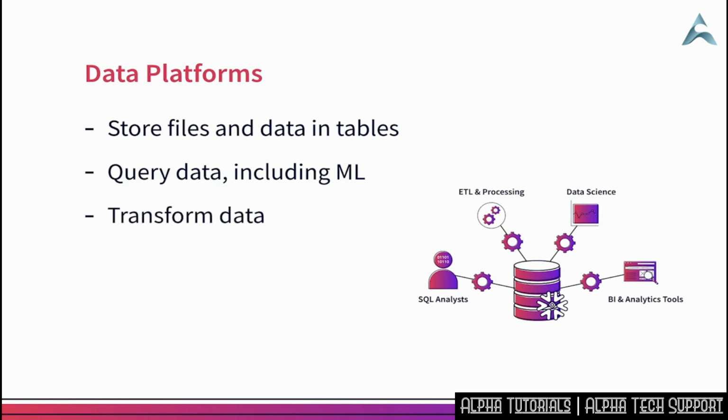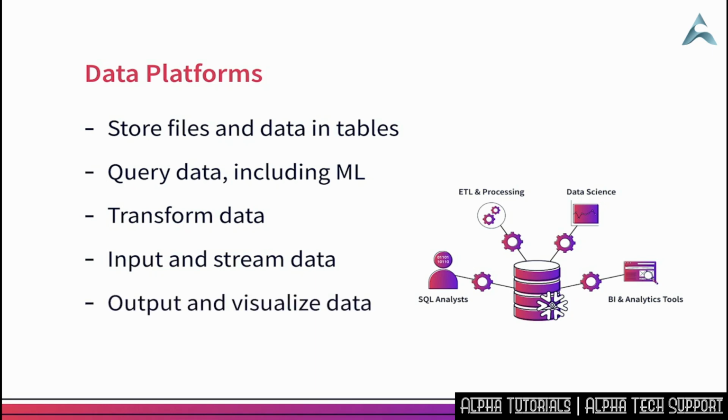They allow you to transform the data, to input the data, sometimes with streams, always with batches or individually, to output that data, and sometimes to visualize it. Platforms are also designed for different types of use cases, and those are represented in the diagram by the SQL analysts, ETL and processing, data science, and BI and analytics tools.